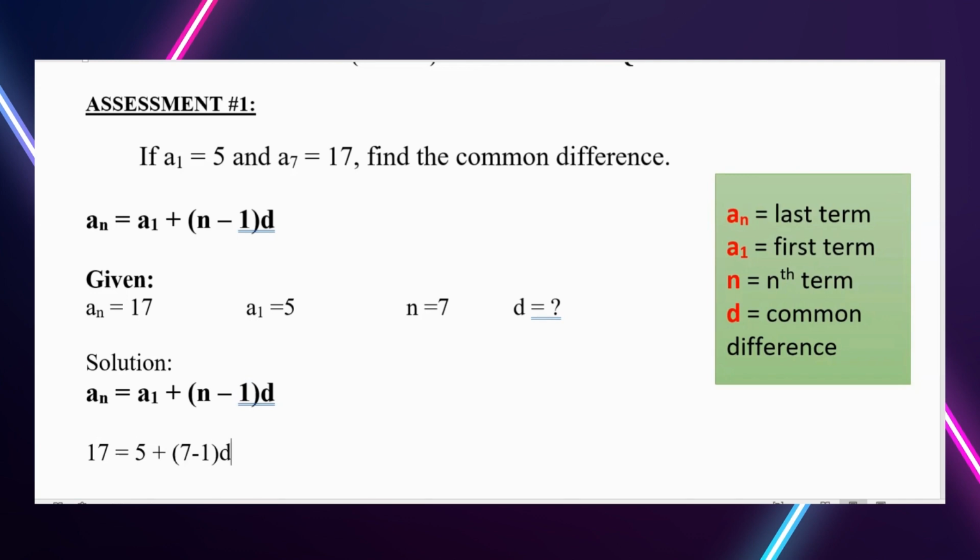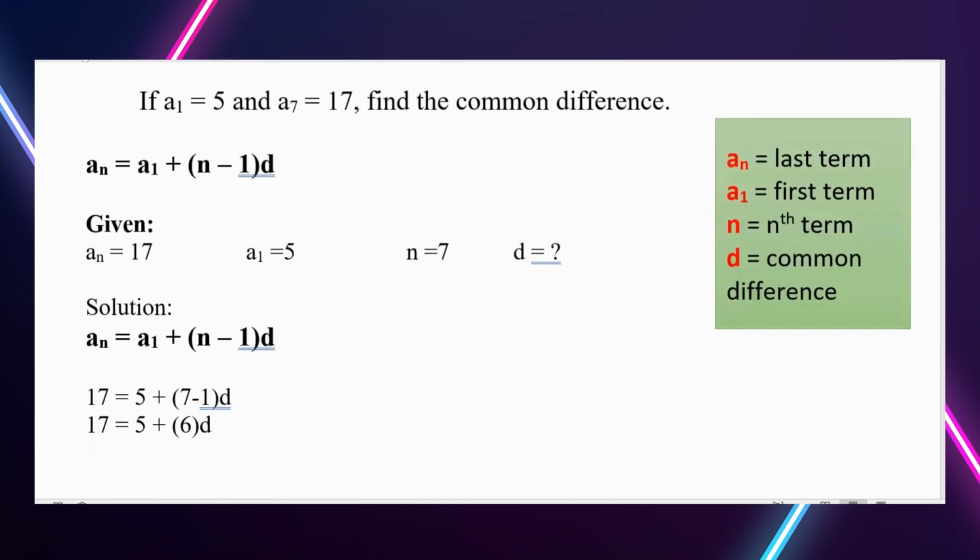So wala tayong ilalagay na value ng d kasi siya ang hinahanap natin sa ating problem. 17 is equal to 5 plus, unahin natin yung nasa loob ng quantity, which is 7 minus 1 is 6, multiplied by the common difference. Next, 17 is equal to 5 plus 6 times d is equal to 6d.